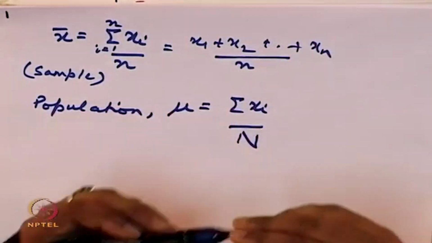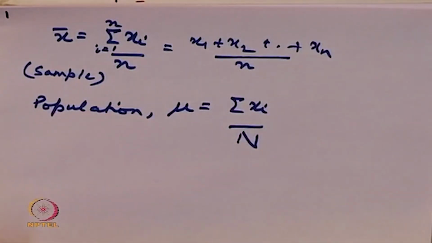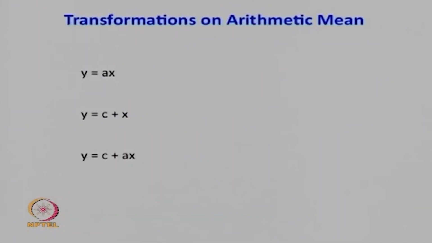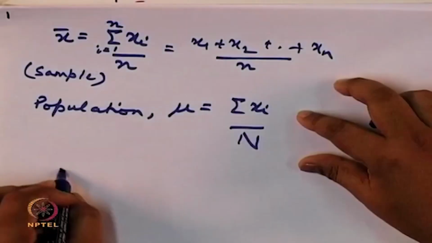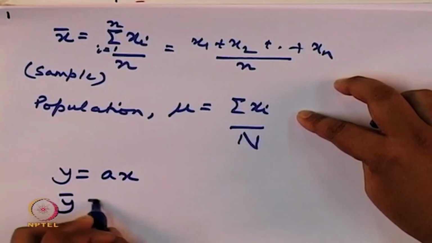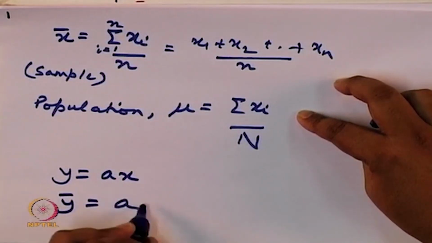Okay. So, we then discussed the different kinds of transformations which can be done on arithmetic mean and seen how the values vary. For example, if you have y is equal to a x, then we come to the conclusion y bar is equal to a x bar.